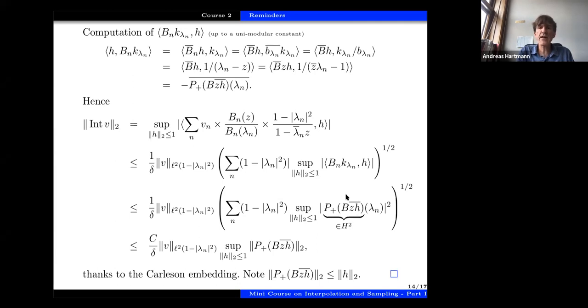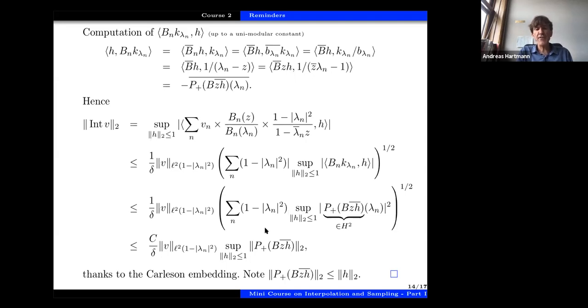It's just an H^2 function because B z h-bar is in L^2 of the circle, and then I project onto H^2. So this is an H^2 function. P_+ is the Riesz projection. Okay, so I evaluate this function at lambda_n.